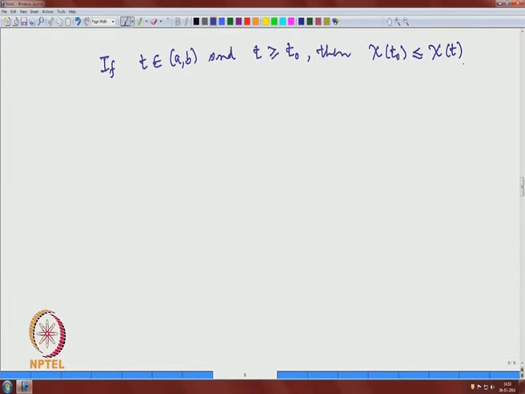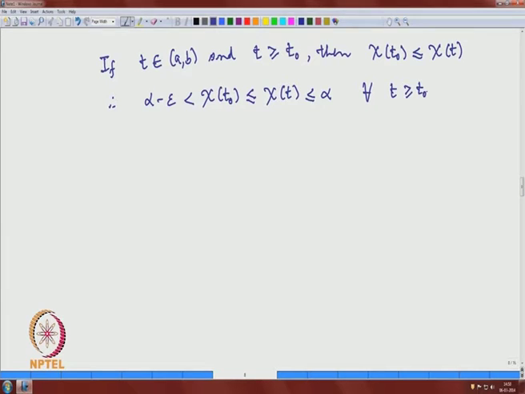So, if you put together the previous inequality, we have alpha minus epsilon less than chi(t0) and that is less than or equal to chi(t), and alpha is the supremum of all chi(t) for t belonging to (a, b). So, this is automatically less than or equal to alpha, for all t bigger than or equal to t0.